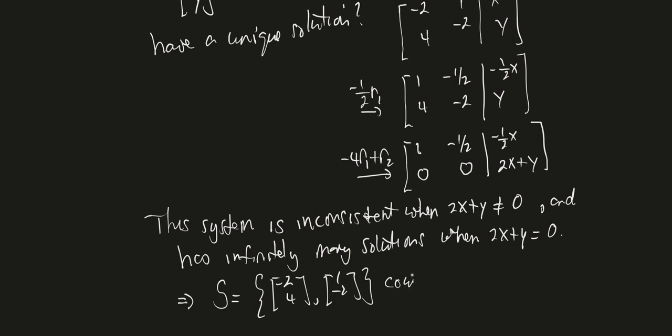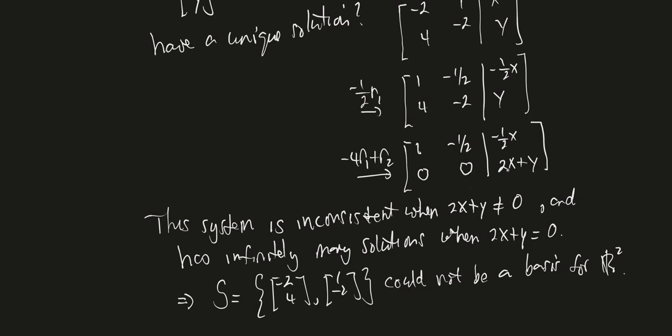Could not be a basis for R2. In fact, it doesn't pass both of those requirements. And again, if you look closely at the vectors that I chose, you realize that these two vectors are scalar multiples of each other. So they're not linearly independent.